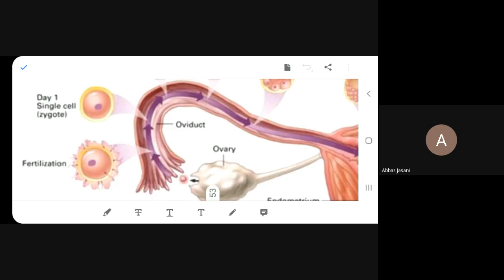Understood now? So they lay eggs. Now, if they lay eggs, can they give birth to young ones? No, it's not possible. So oviparous animals don't give birth to young ones.